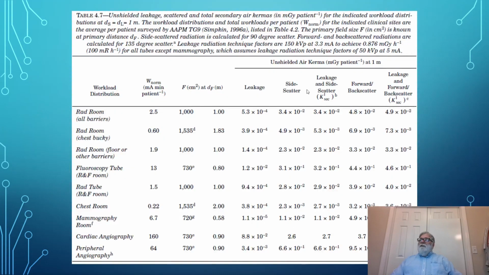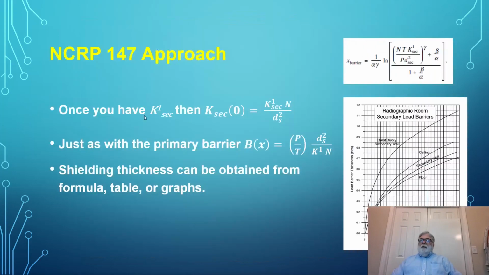So we have these are the K1s, right? That's what we're reading off of this table for the kind of room we have. That's the kerma per patient for secondary radiation. Well, then the unshielded, that's what the 0 represents. The unshielded kerma is just the kerma from one patient times the number of patients divided by the scattering distance squared. Okay.